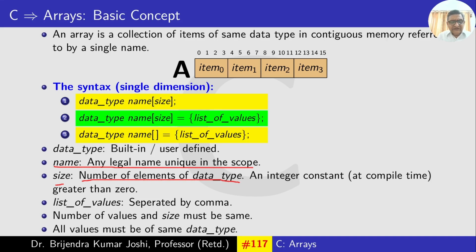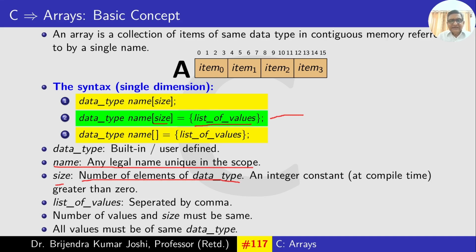List of values: these values are separated by comma. Number of values and size must be same. So if we are using this second form, then the size must be same as the number of values in this list, and all values must be of same data type.